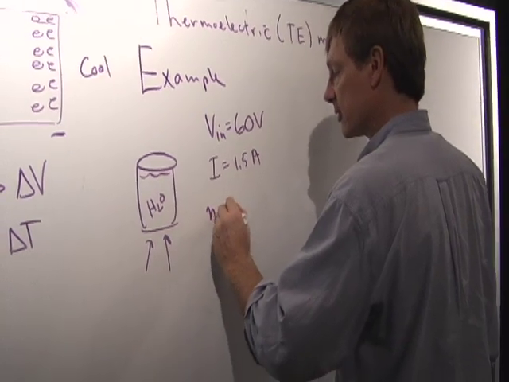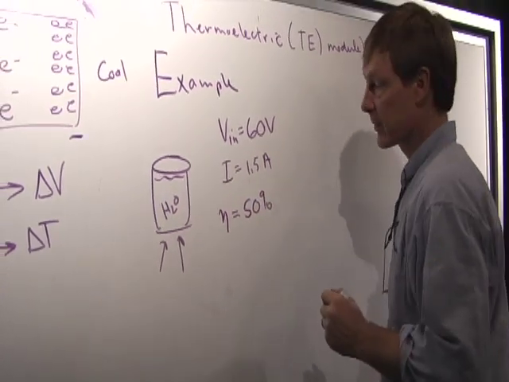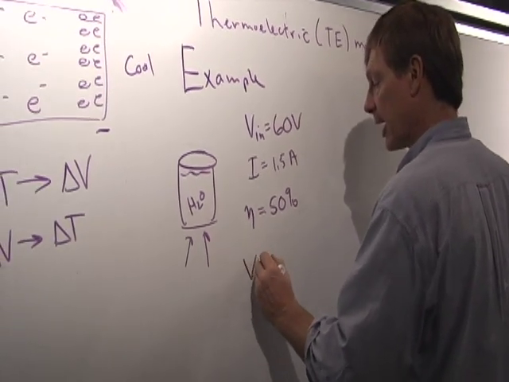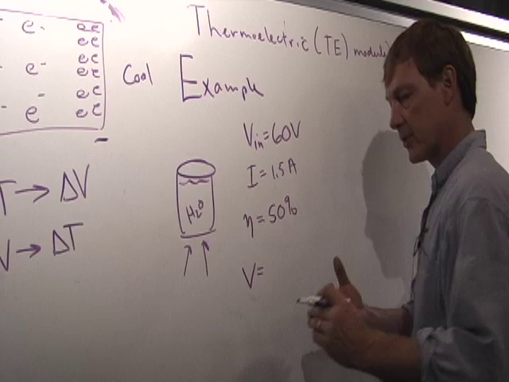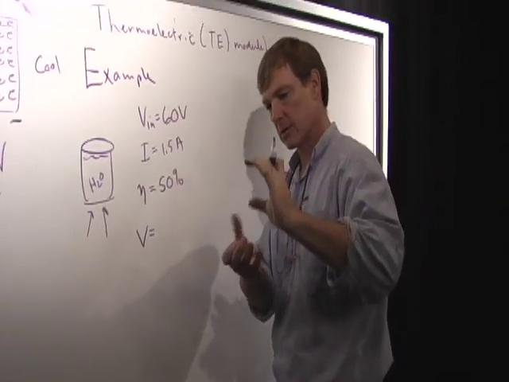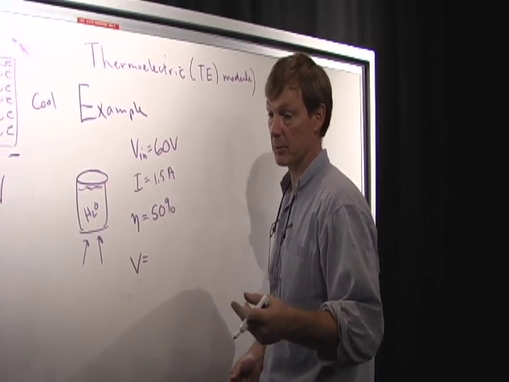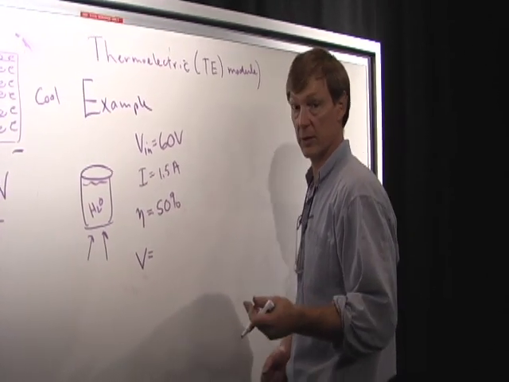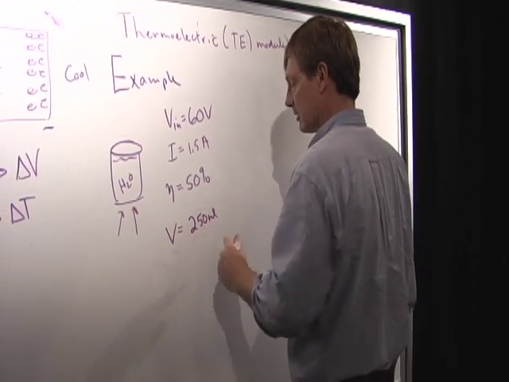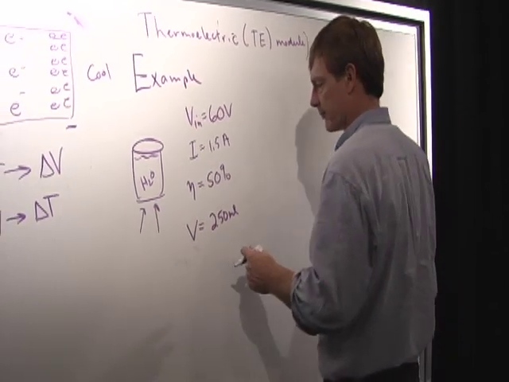And the efficiency is going to be, let's say, 50%. And the volume of fluid I have here, let's see, a liter would be way too much for a soda. Half a liter would be a bit much. A quarter of a liter, 250 milliliters. About a cup of fluid.